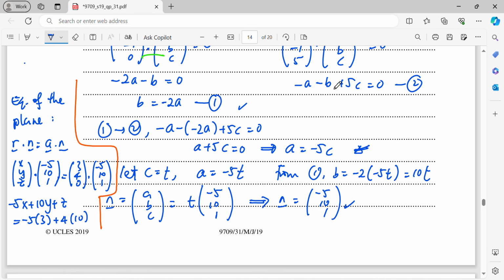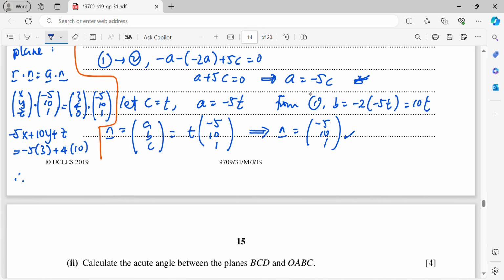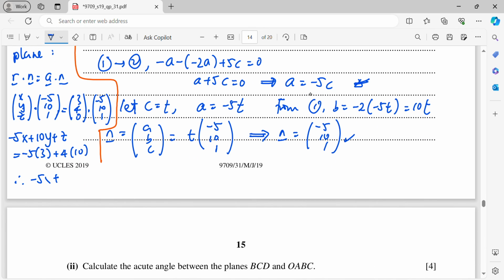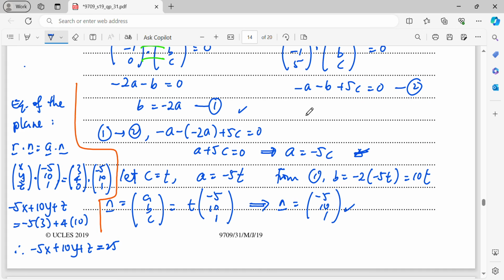At last I will get minus 5x plus 10y plus z equals minus 15 plus 40, that is 25. So this is your vector equation of the plane, or this is the Cartesian equation of the plane.